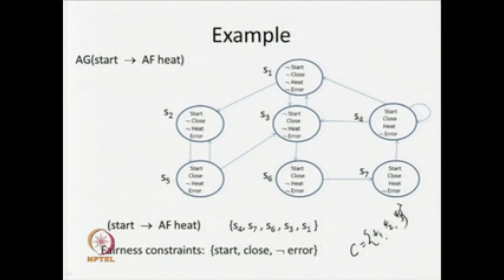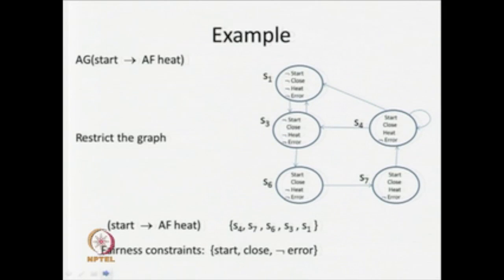So this is an unrealistic behavior, and with the fairness constraint we are removing it and checking the property in the remaining graph. So this is the way we can check for correctness: one is to refine your model, or secondly, find the fairness constraints and model check on the fair paths only.